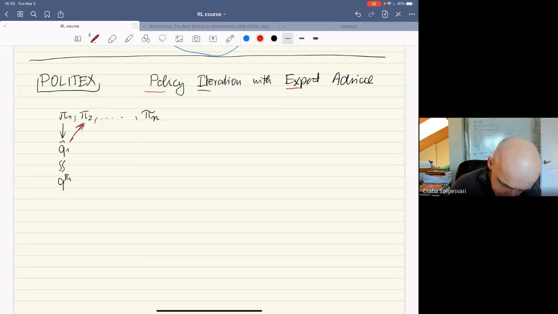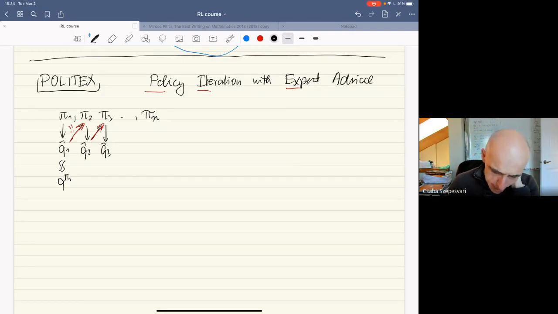And so this is the interesting step. And then you do a policy evaluation, and so on and so forth, and then you repeat. You get your next policy, and that's the interesting step. And then you get this, and so on and so forth.